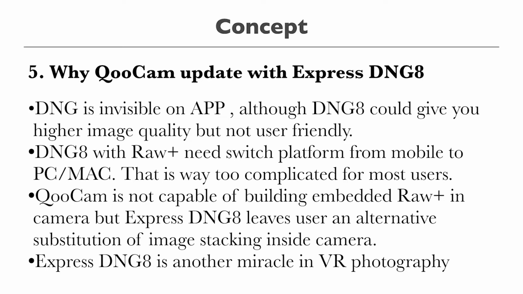You cannot post-process it on your mobile phone. You have to use a PC or Mac, which means if you want to work with DNG8 and Raw Plus, you need to switch platforms from mobile to PC or Mac. That is way too complicated for most users, and you cannot share high-quality content on social networks instantly, right? You have to post-process after a long workflow before sharing stunning content with your friends.